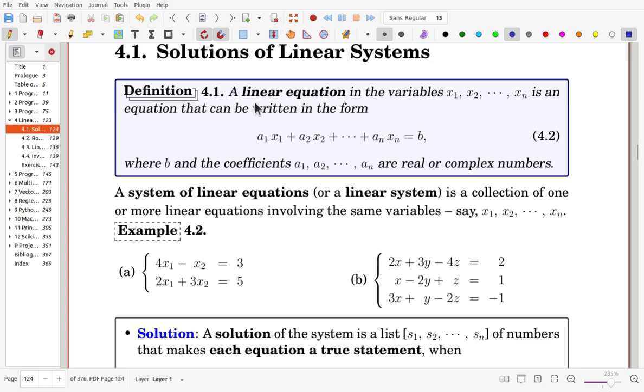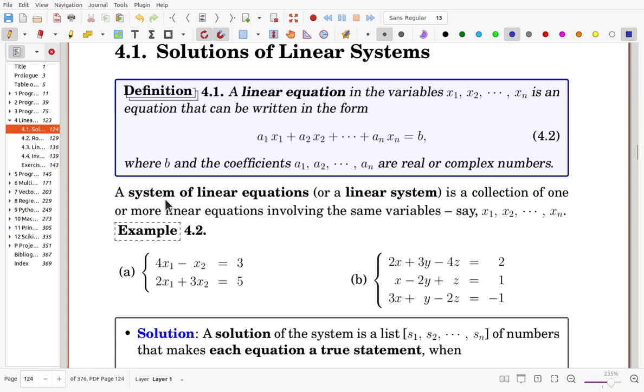A linear equation in the variables x1 to xn is an equation in this form. Here, b and the coefficients a1 to an are numbers. They can be real or complex valued.